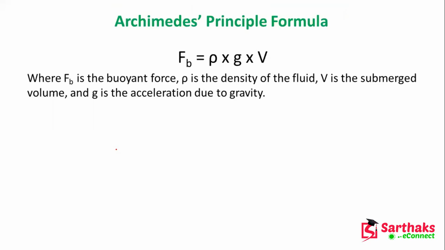Now according to the Archimedes principle, Fb is the buoyant force, and rho is the density of the fluid.